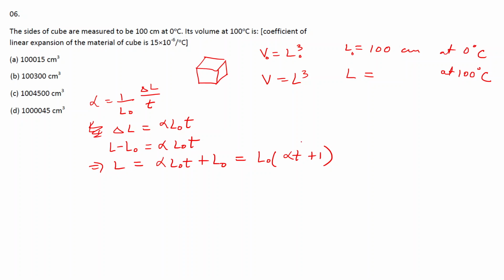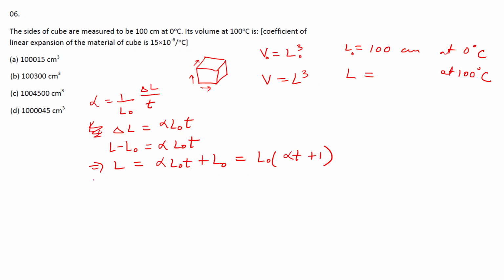That is one way. Another way is there, which we need to know also, that when this is a cube, that means all sides are same. That means if linear expansion is happening for this side, the same linear expansion will happen for this side, and the same linear expansion will happen for this side: length, width and height.